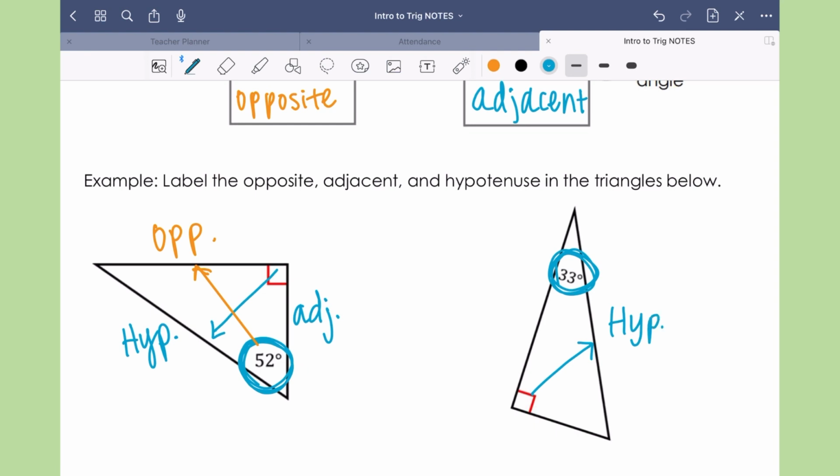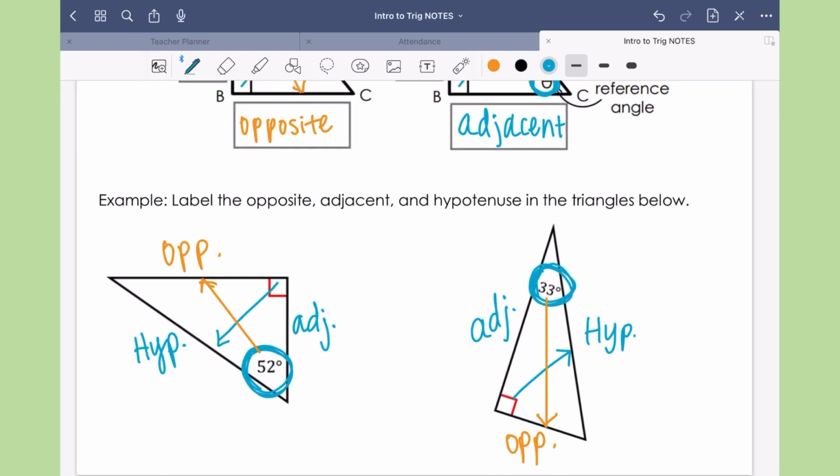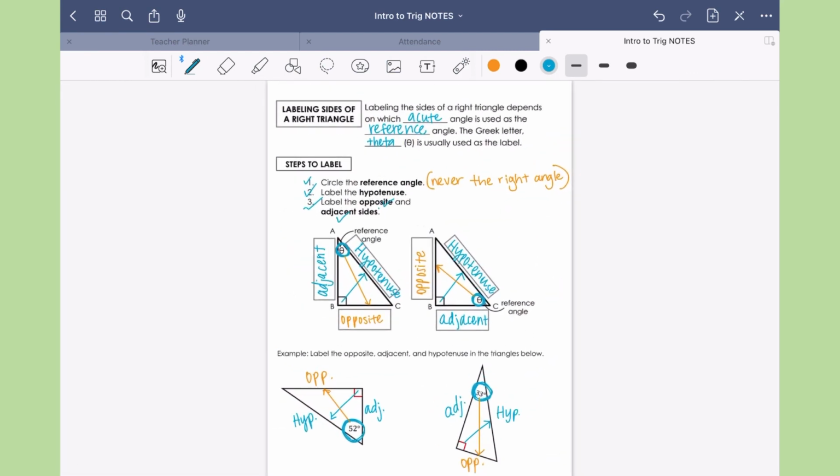And now go to your reference angle and go across, that's your opposite side. And the one right next to your reference angle is your adjacent. So this is how your triangle should look, okay? Not too bad, very, very simple. We're just labeling today.